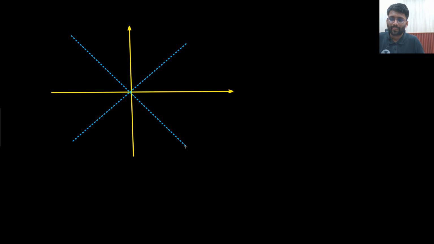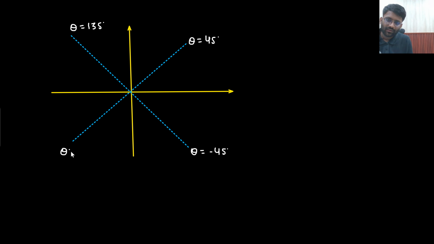This is theta equals 45 degrees, this will be theta equals minus 45 degrees. This will be 135 degrees and this will be theta equals minus 135 degrees. So between 45 and minus 45 there will be one lobe, then again there will be another.